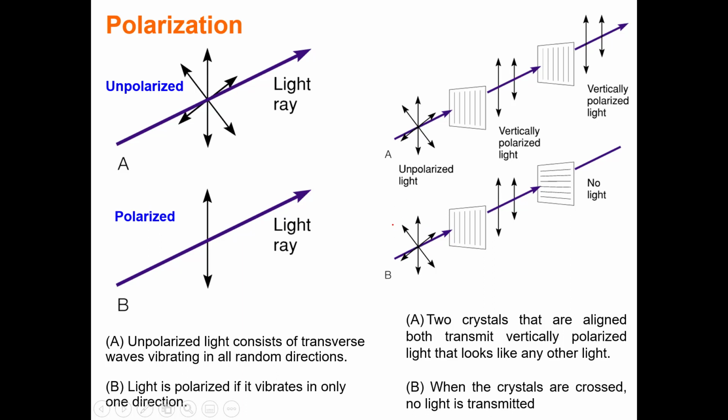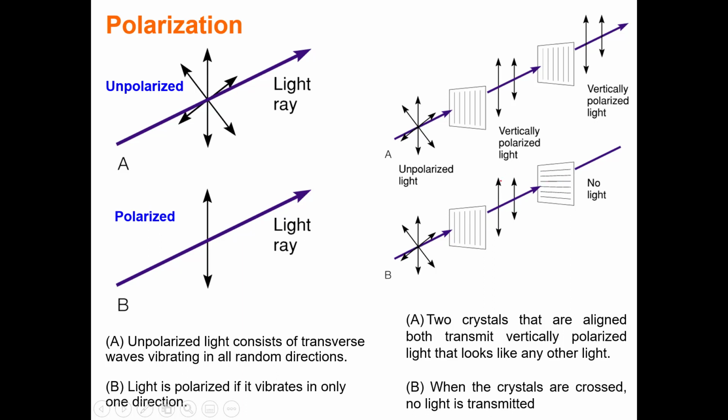Another thing is if we have unpolarized light and the light passes first through a vertical polarizer, and then we have another, horizontal polarizer.